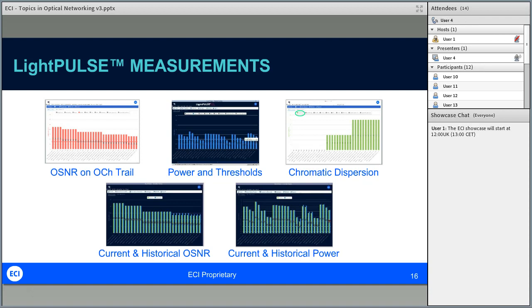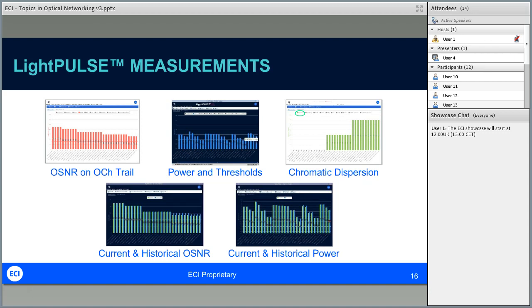There are actually modules that we're introducing next month, which go even further in terms of this kind of analysis. Say you're starting to see, for instance, OSNR degradation. It can now analyze in more detail where that is taking place, and where the contributions might be coming from, perhaps from different parts of your network, such as amplifiers or the transmit side itself.